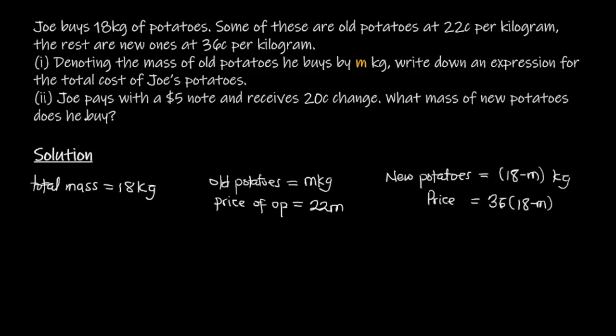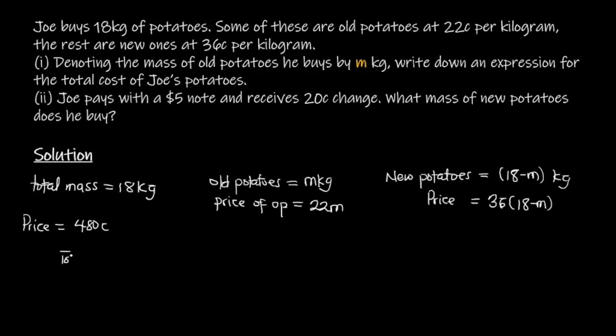Now we're told that he paid $5 and he received 20 cents change. That means the price of the total mass of the potatoes that he bought will be equal to 480 cents. Because $5, that is 500 cents, minus 20 cents, will give us 480 cents. So this becomes the price of the 18 kilograms of potatoes that he bought. Now let's look at the equation.